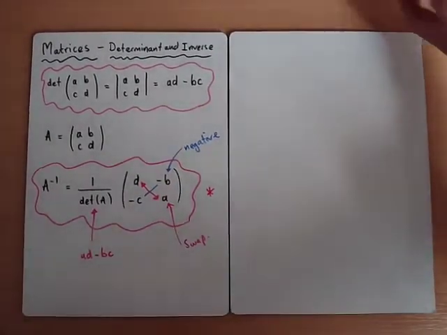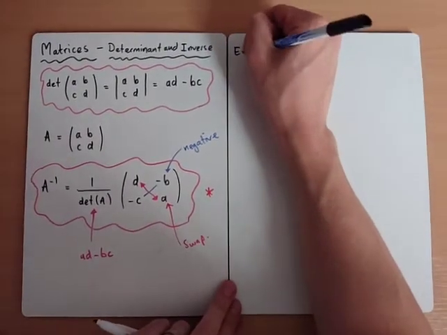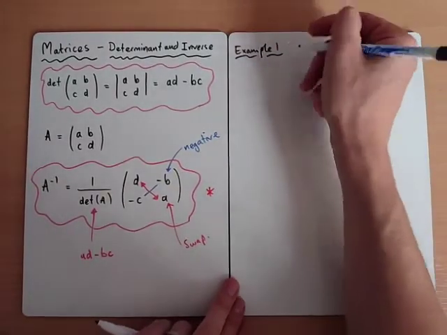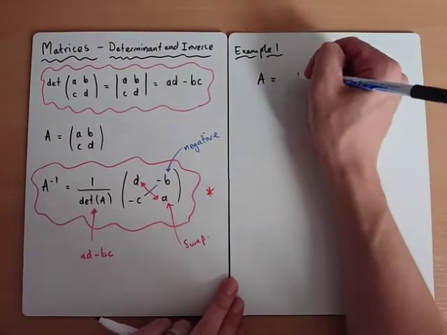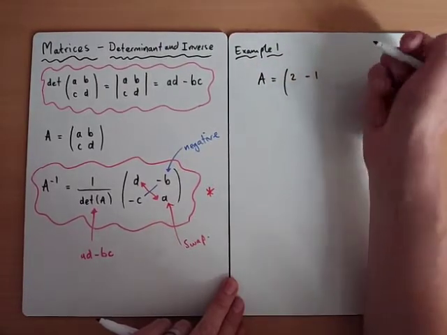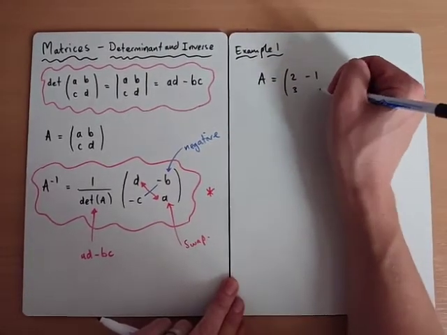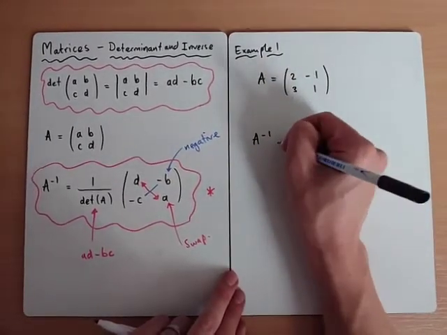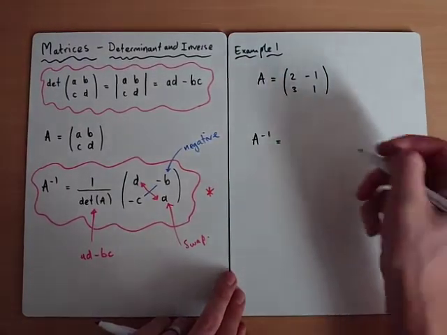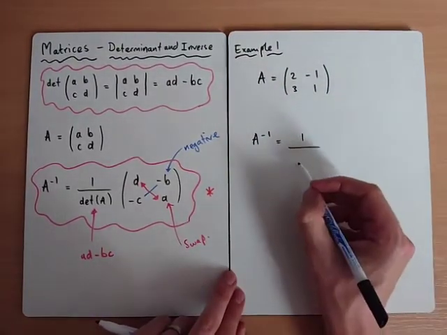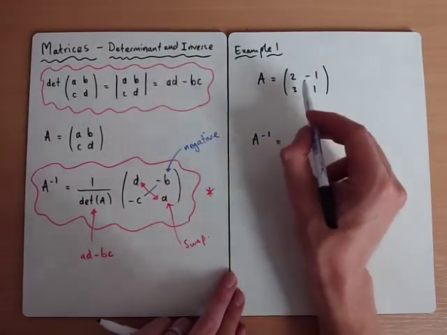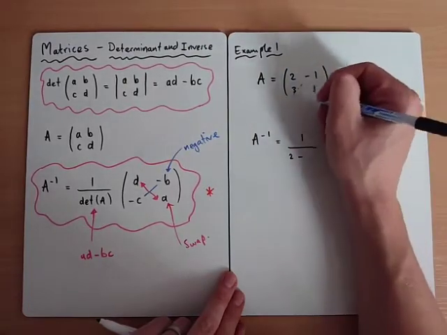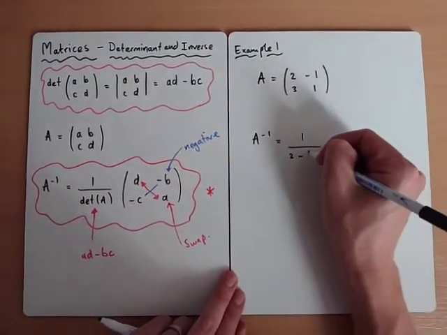So let's try an example. Say we had the matrix A, which was 2, minus 1, 3, 1, and we want to find the inverse of A. Well, we do 1 over the determinant, which is AD minus BC, so that would be 2 times 1 minus B times C, so minus 3.